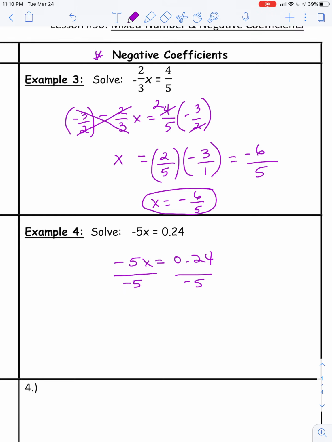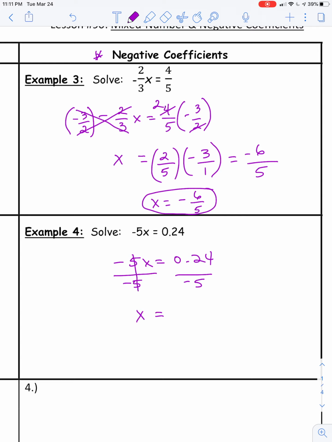That's the way I like to do it. You could have multiplied by the reciprocal of the fraction -5 over 1, but I find it easier to just divide by the coefficient that's already there, because that's going to easily give me a +1.